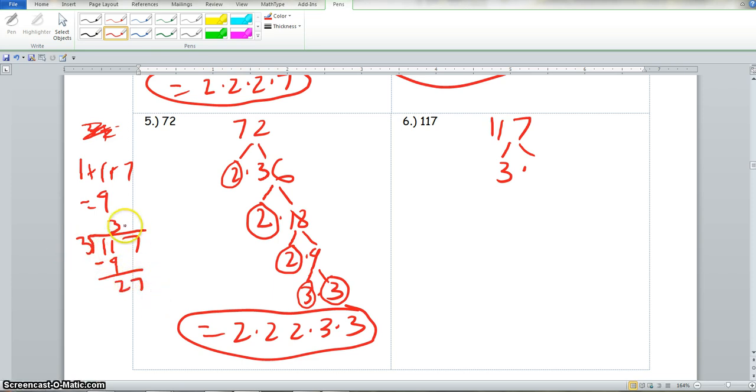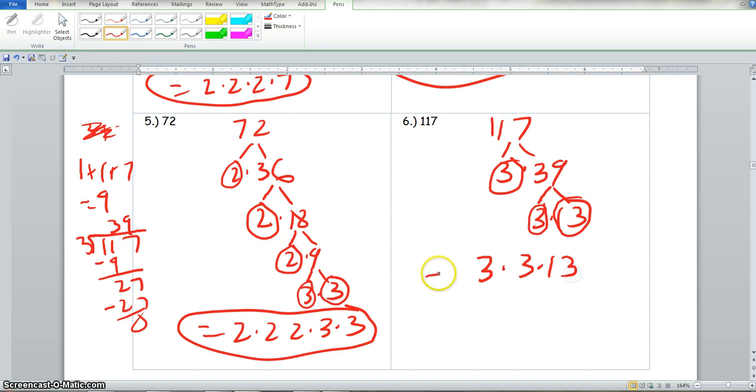Bring down your 7. 3 goes into 27 9 times. And you have no remainder. So 3 times 39. And 3 goes into 39 13 times. So you'll have 3 times 3 times 13. That is your final answer.